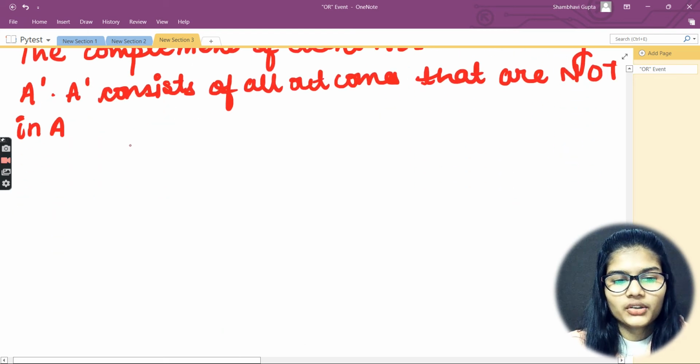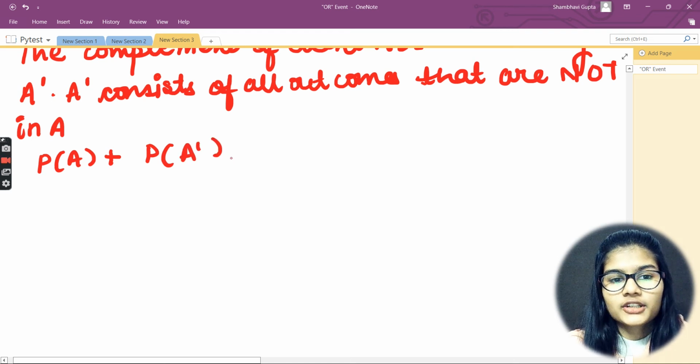Okay, so further, let's take an example in a similar manner. If I have to write the probability of A plus probability of A prime, that will be equal to 1. This is one thing which we have here. Probability of A plus probability of A prime is equal to 1.